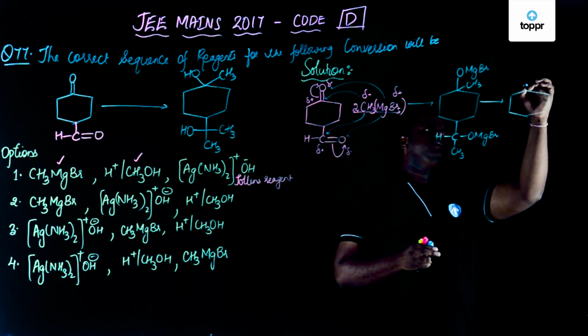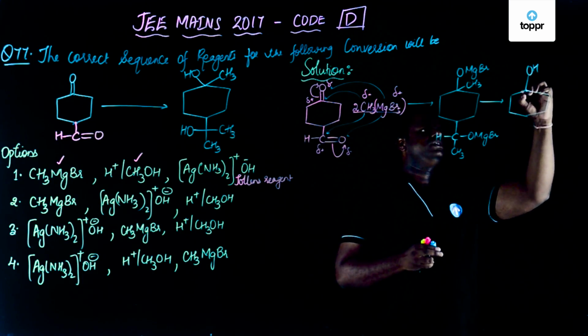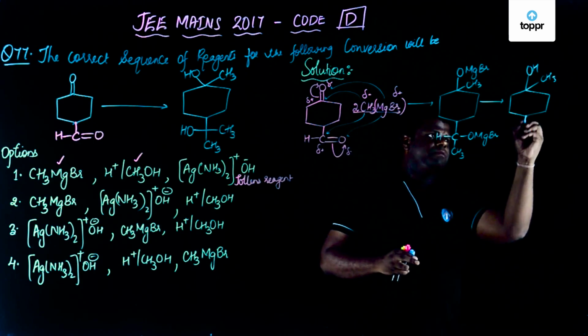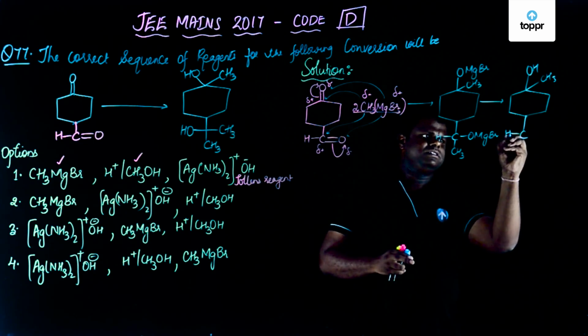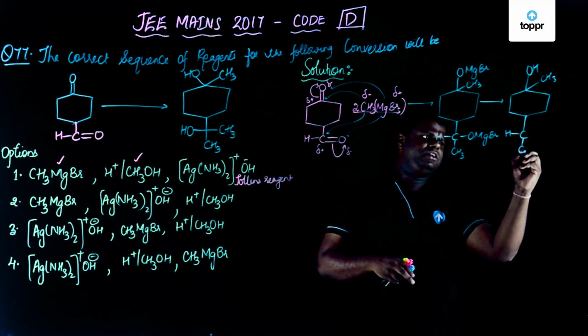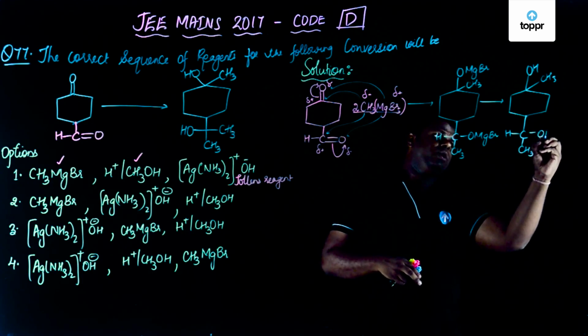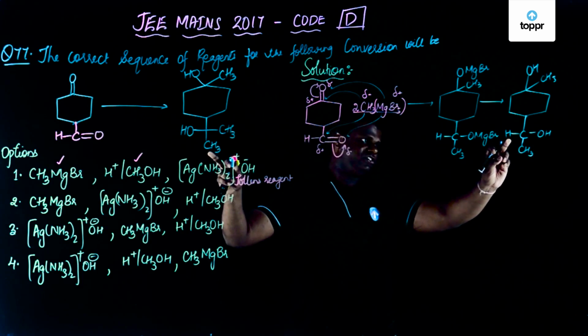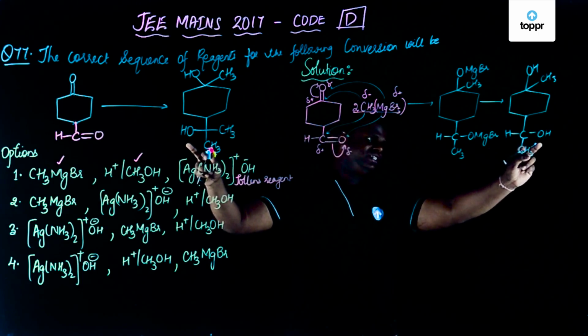Definitely you would be getting a compound with OH, CH3. So the first part is okay, but in the second part, carbon is connected to hydrogen, then you have a CH3, then you have an OH. If you carefully look at this, this is H and this is CH3, and this OH is intact over here.